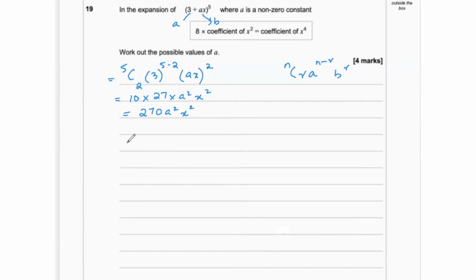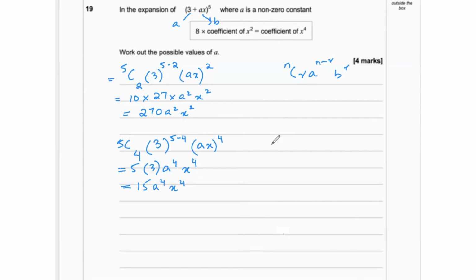Now for x to the power of 4, it's going to be 5C4 times 3 to the power of 5 minus 4 times ax to the power of 4. 5C4 is 5. So 5 times 3 times a to the power 4 times x to the power 4, which is 15a to the power of 4 x to the power of 4.